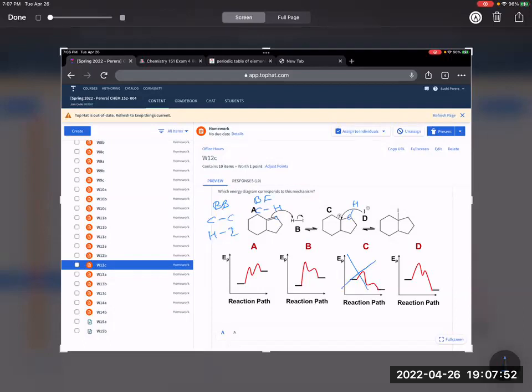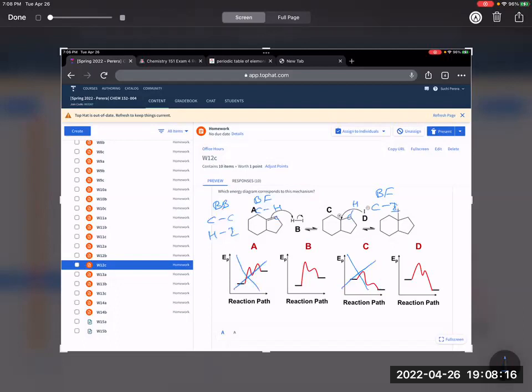In the second step, we have a nucleophilic attack. The only thing happening is the formation of a C-I bond, so that step has to be exothermic because when bonds are formed, energy is released. Therefore option A is out.